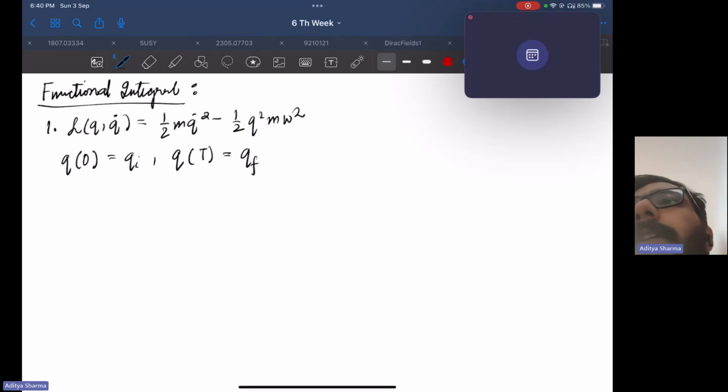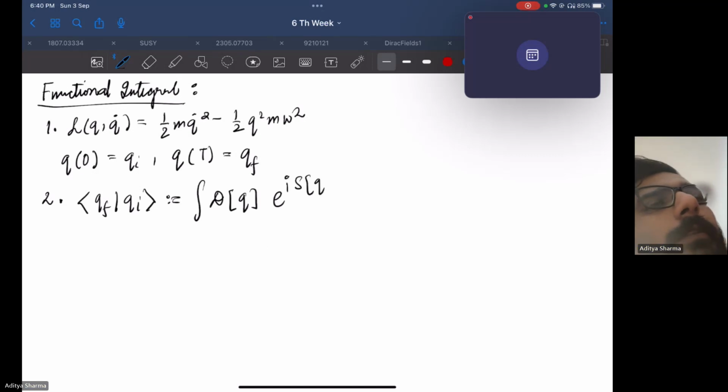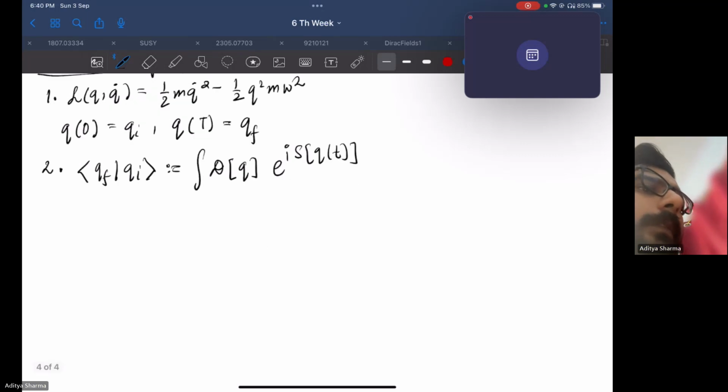You want to evaluate the overlap integral between these, and this expression is given to you. For example, say this is nothing but the integral over all the q's of e to the power i S of t. First, what we are going to do is find the constants of motion.